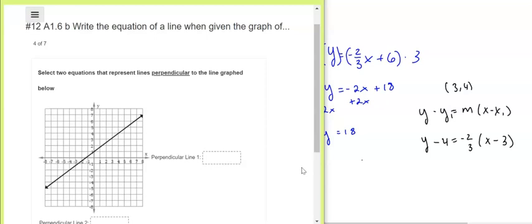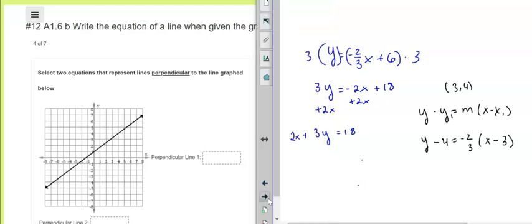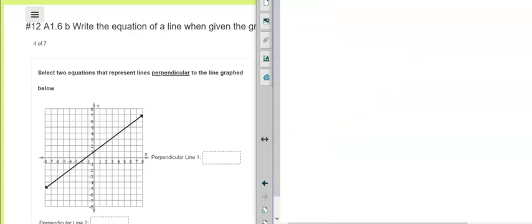Select 2 equations that have lines that are perpendicular to the line that's graphed. Okay, well, perpendicular lines have opposite reciprocal slopes, right? So we're going to go ahead and find the slope for this. That's up 1, 2, 3 over 1, 2, 3, 4. So here the slope is 3 over 4.